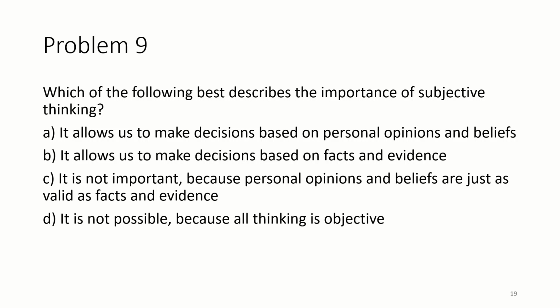Objective thinking is based on evidence, and subjective thinking is based on personal bias. Subjective thinking is based on personal perception, opinions and beliefs. Objective is in relation to a particular object, whereas subjective is more personal and observer based.